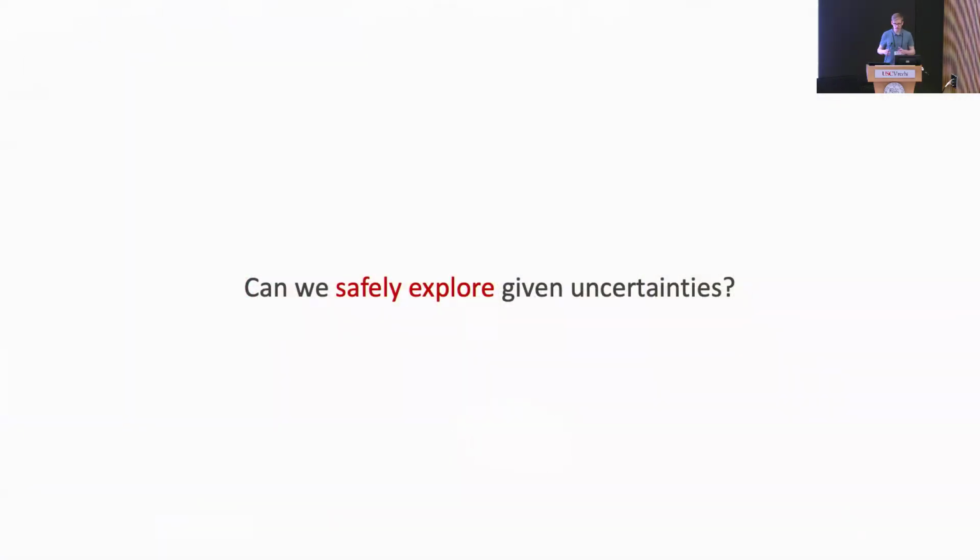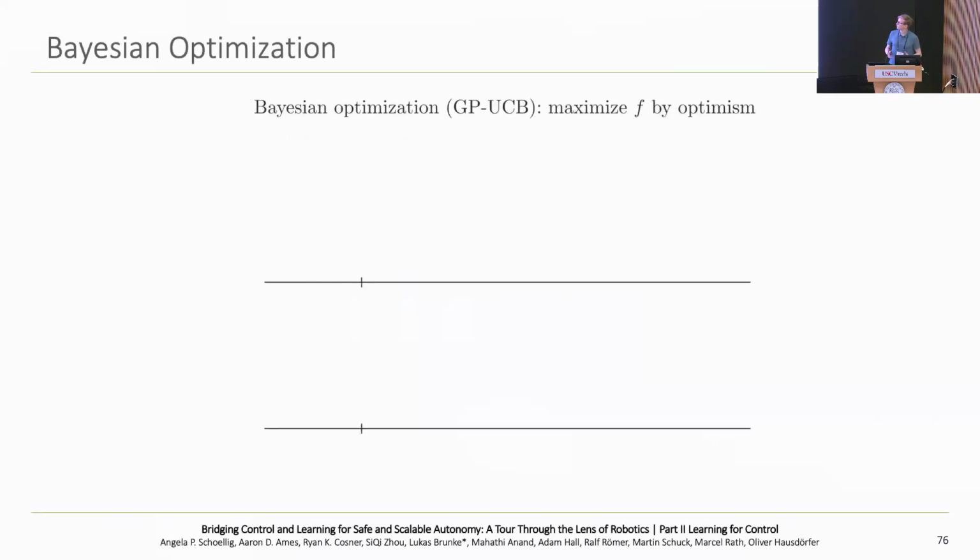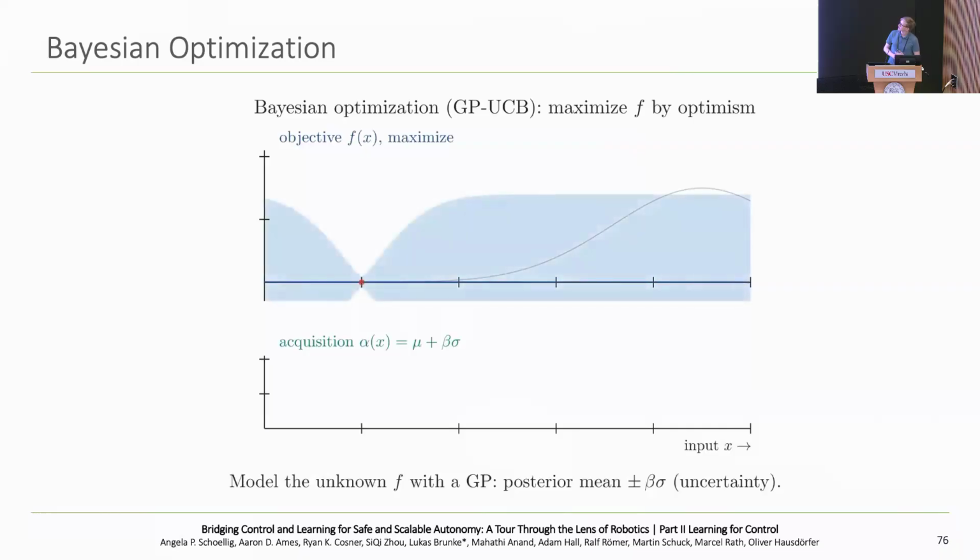Okay, so this was how we can account for uncertainty in our controllers. But also, given this uncertainty, can we use it to make decisions around where we should collect more data? Where should we sample additional data points? One framework that does this, especially in connection with Gaussian processes, is Bayesian optimization.